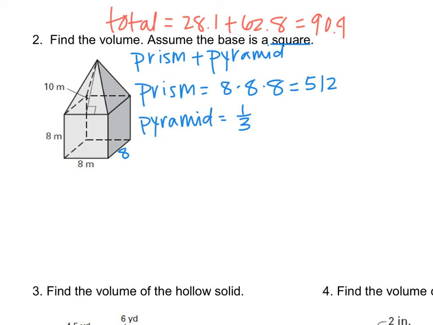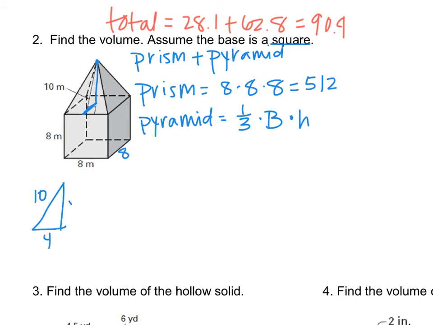We've got 1/3, then the area of the base times the height of the pyramid. So just like before, we need to figure out what is the height from the top of the pyramid to the middle of its base. So we've got a right triangle. We know this side is 10, and then this side right here from the middle of the square to the edge, well, that's half the length of the square.